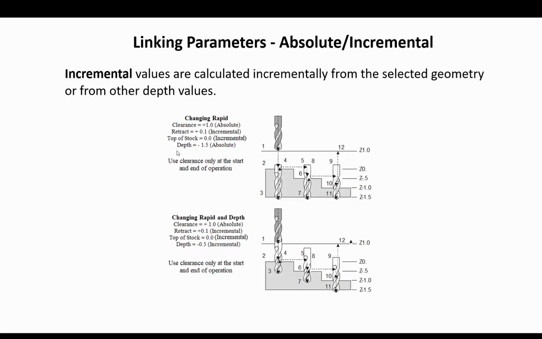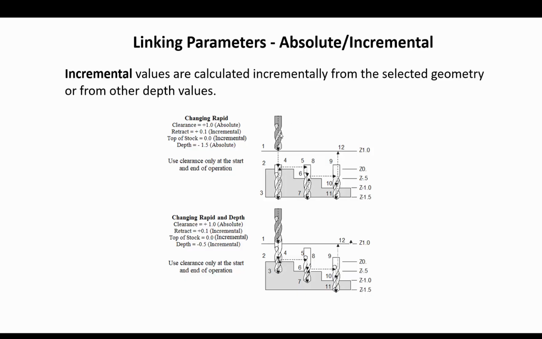When the top of the stock is set to incremental and 0, the system considers the top of the stock where we select the holes. We select them at different Z heights, and the top of the stock set to incremental will be set to those heights.